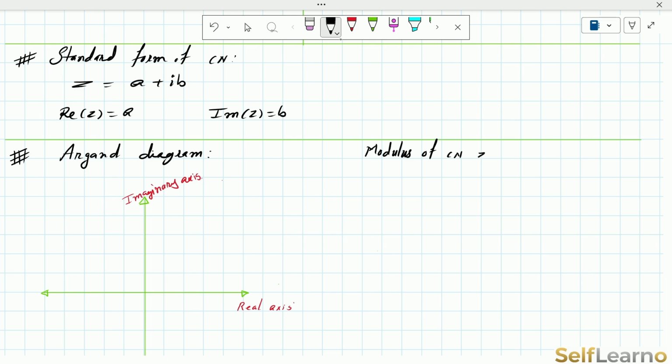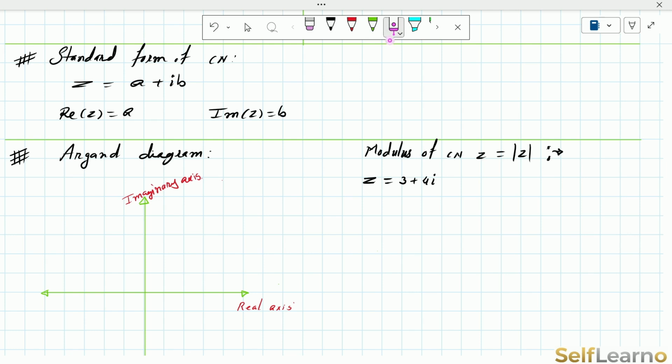Modulus of complex number z, we use this symbol modulus of z. We will discuss these also at the same time. Instead of using symbols, I am taking a numeric example so we can understand it better. Let us take z is equal to 3 plus 4i. So I want to represent this complex number on this Argand diagram.